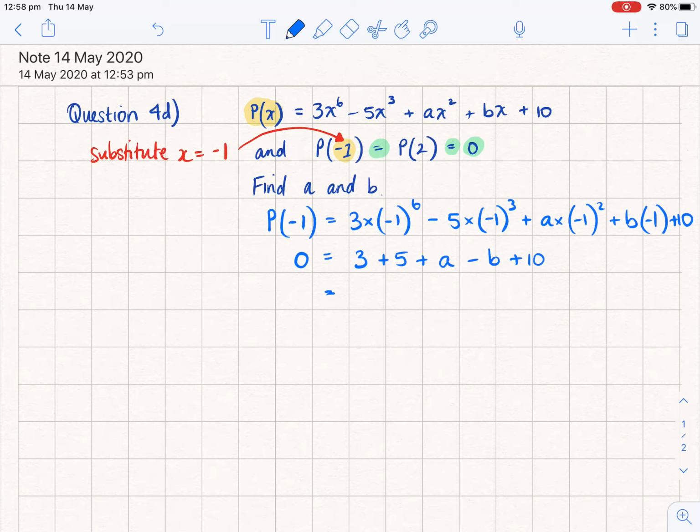And I can write 0 equals a minus b plus 18, or I could then write -18 equals a minus b. And you might have recognised by rearranging, I'm heading towards creating simultaneous equations, and that's my first equation.